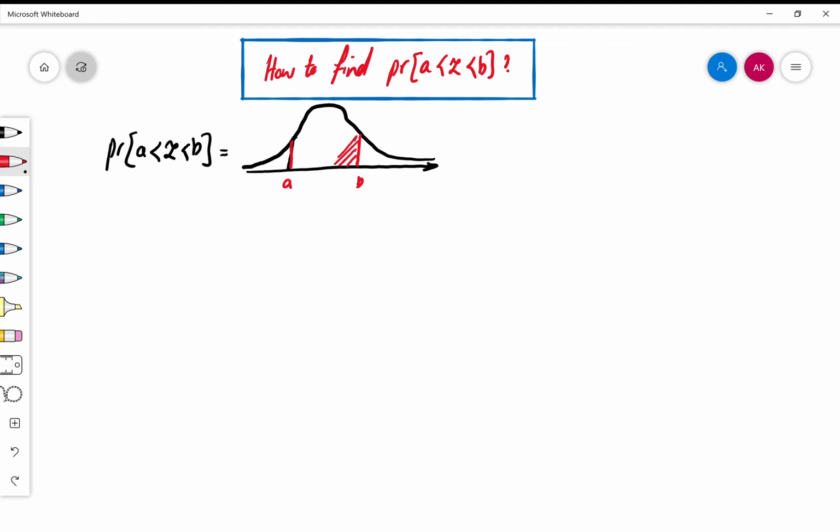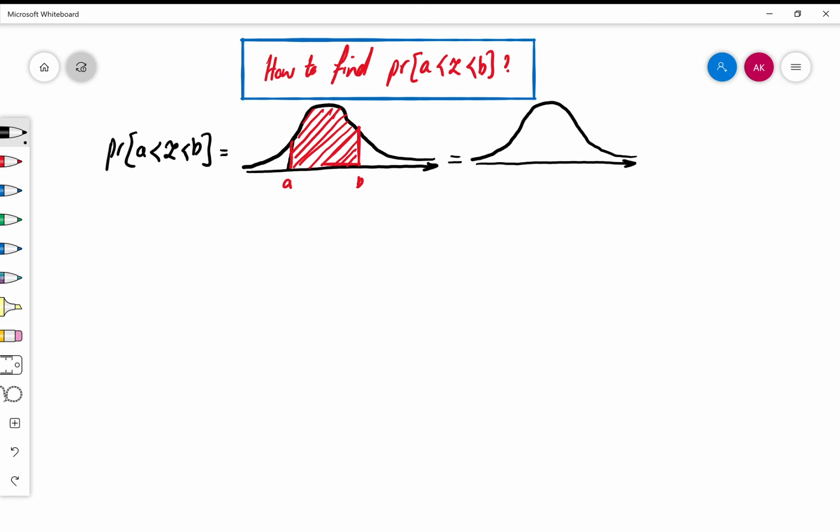Yes, so this region from a to b. But we can do something with that which will help us to deal with this area.